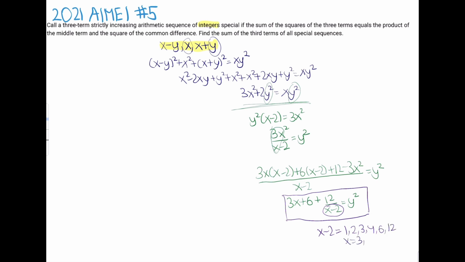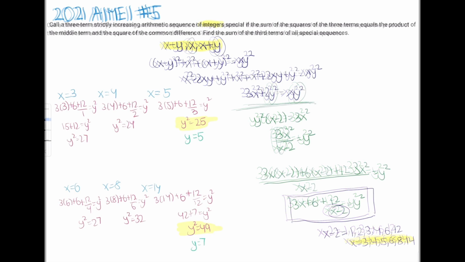Therefore, x has to equal 3, 4, and so on. By the way, notice that x minus 2 can't be negative, because that would make the answer less than 0, and y squared, if it's a square, has to be greater than or equal to 0. So here are the values of x that are possibly going to work.